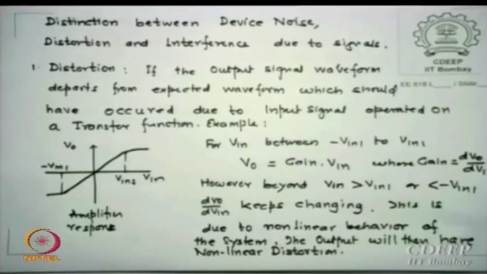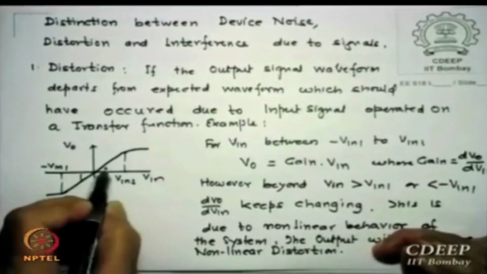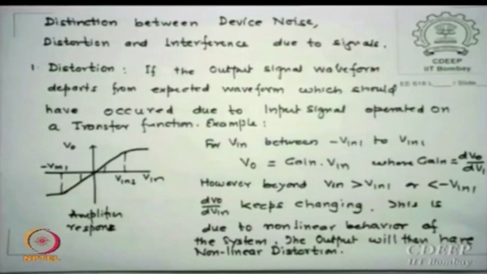Like a VO-Vin characteristic, where dVo by dVin is constant. So for any value, I can predict the output as y equals mx plus c. I know the slope, that is the gain in this case, so I know dVo by dVin.